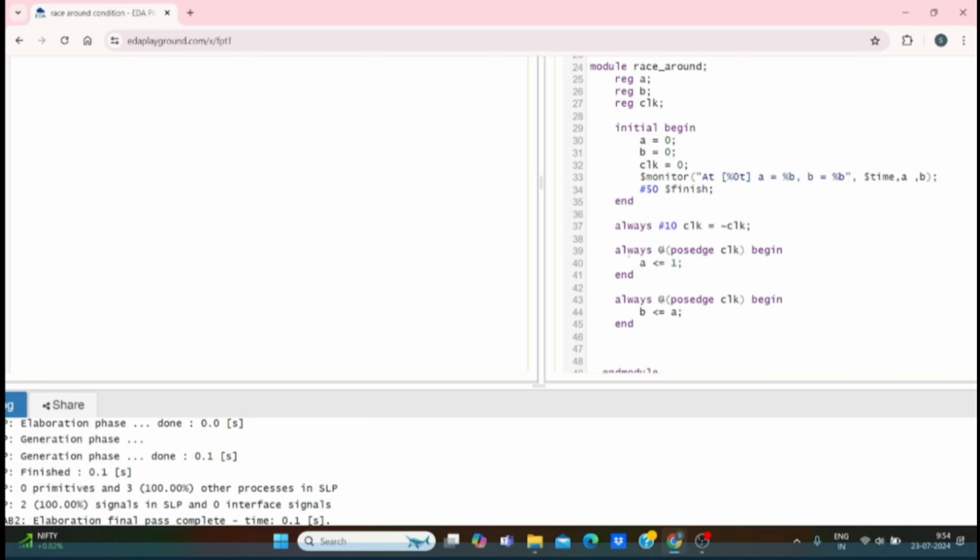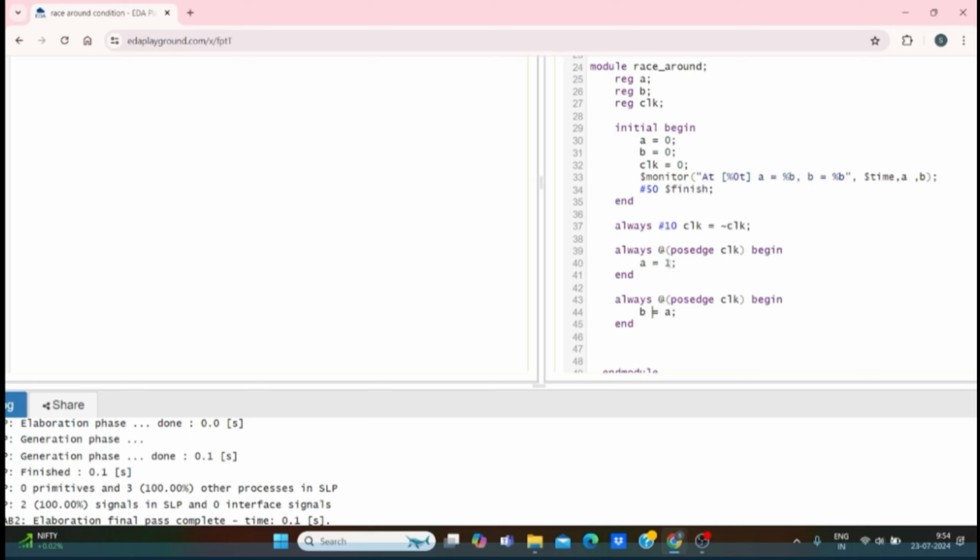Now, instead of an initial block, since I have based this on the clock, I am writing always at the positive edge of the clock. Let us first see how the output will be executed if we use the blocking statement. Here I am taking two always blocks. Whether it is an always block or an initial block, if you take multiple blocks, all will be running at 0 time.